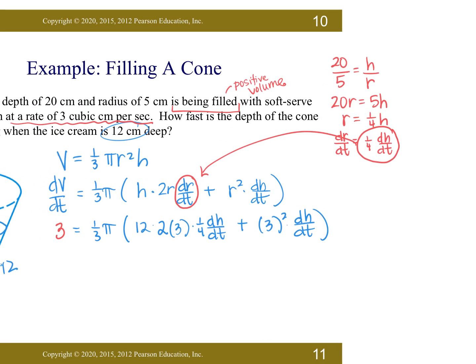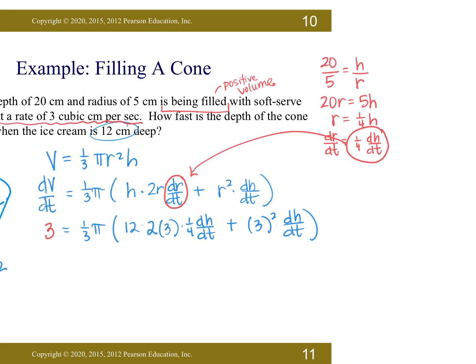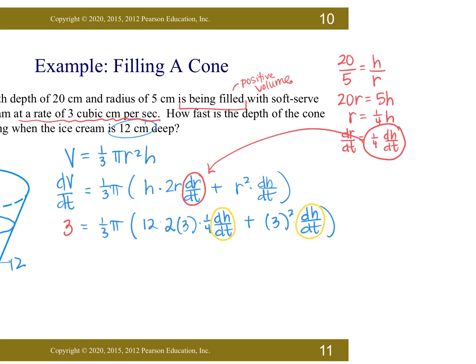So we've got numbers plugged in for everything except this dh dt here and this dh dt here. And dh dt is how fast the depth, or h, is changing. So how fast dh dt, that's the question. And that's all that's left. We have values in for every single other expression.